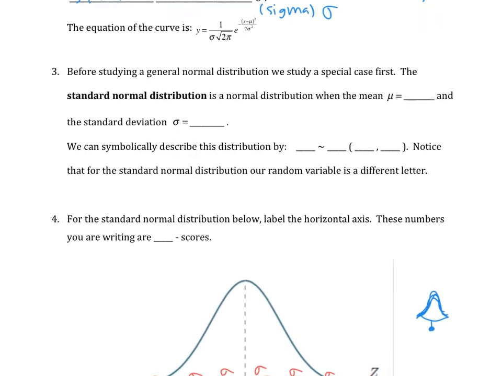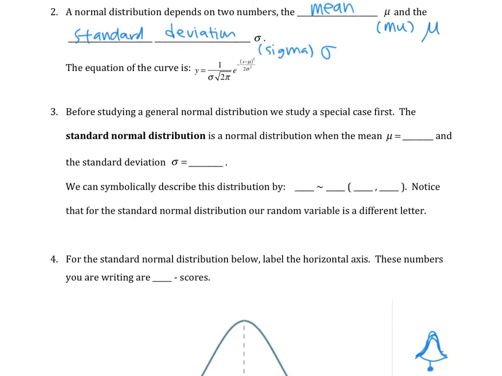All right, number 3. Before studying general normal distribution, we'll first study a special case, the standard normal distribution. I'm going to underline standard. This is the case where we have the mean 0 and the standard deviation 1. So this is basically the z-score.